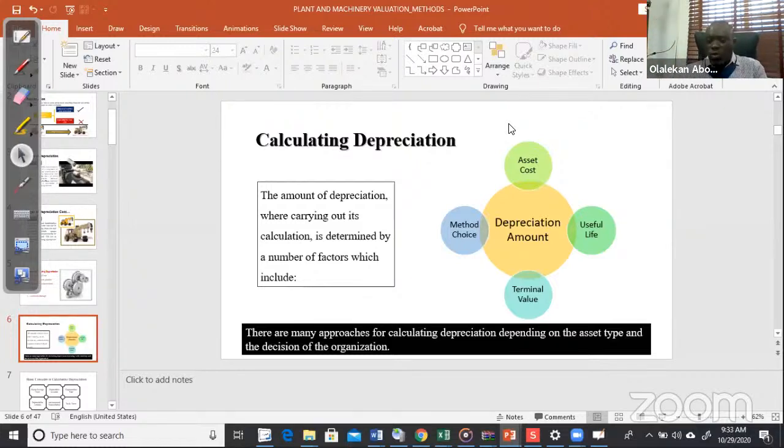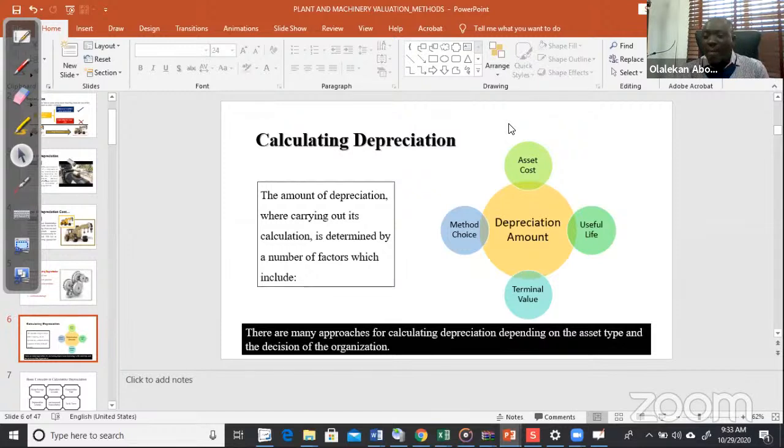These factors include the cost of the asset itself. You will consider the useful life of the asset, the lifespan. You will consider the choice of method and what I call terminal value.